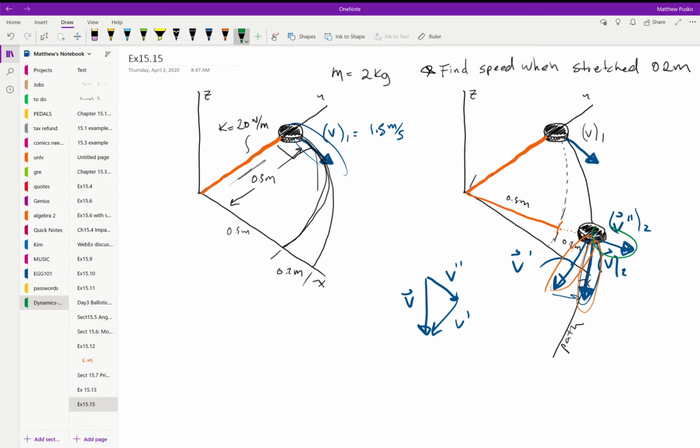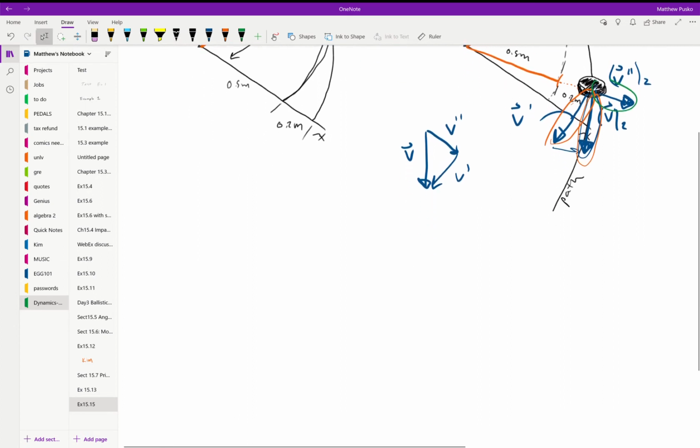I'm going to conserve angular momentum first. So I'm going to say h about O, our origin, at 1 is equal to h about the origin at some final state 2. Let's break it down into components, because we're going to be looking at the prime component.